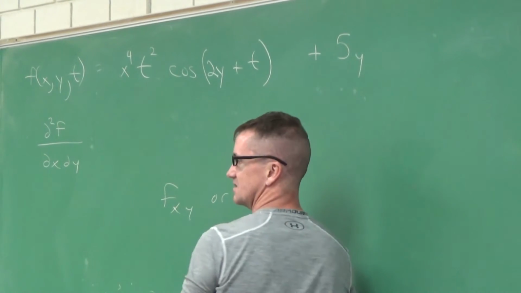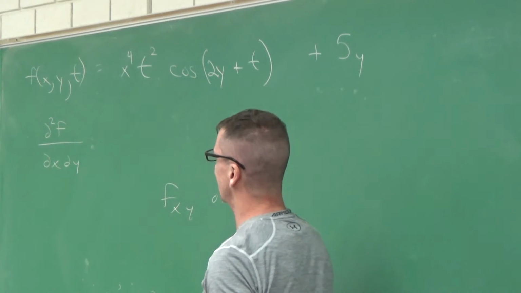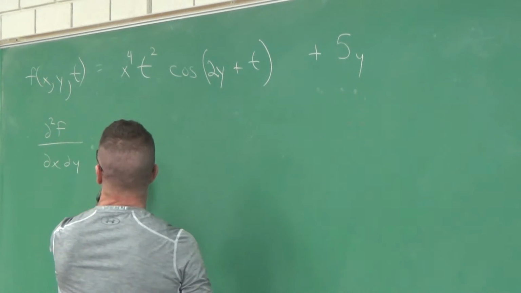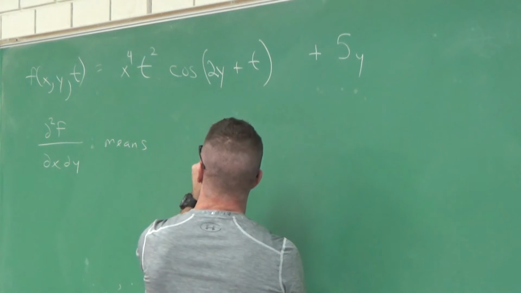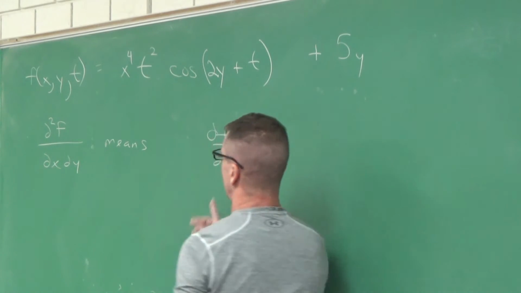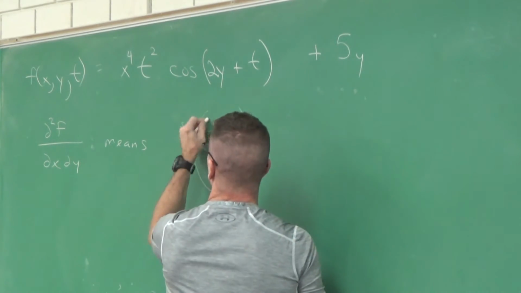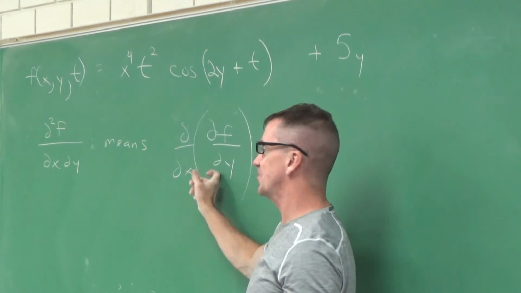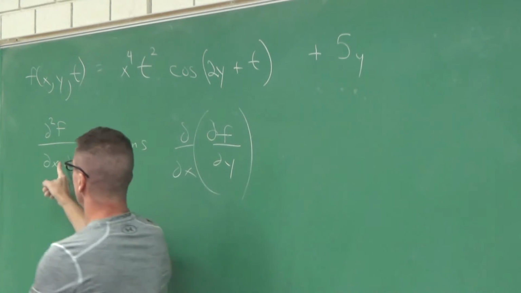It looks like fxy. Well, look carefully. You know what this really means? This means take this derivative here, and then take the derivative of this with respect to x. So it means do this first, then this. So believe it or not, this really means this.